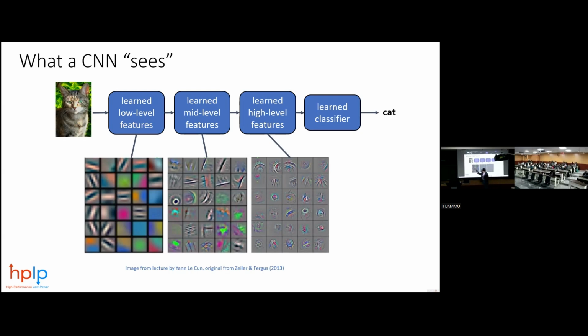At the beginning, you have things where a human would ask: is there a diagonal line to the right, to the left? Is there a circle? Some of them are also colored. It's very hard to figure out really what's going on.